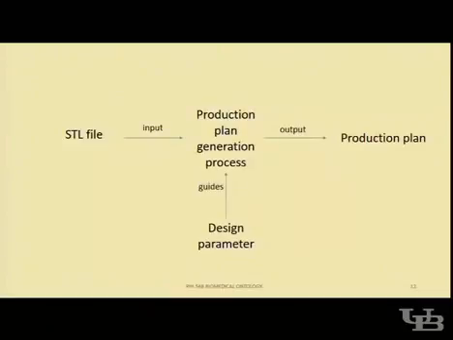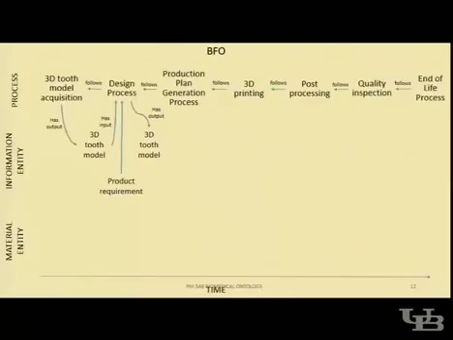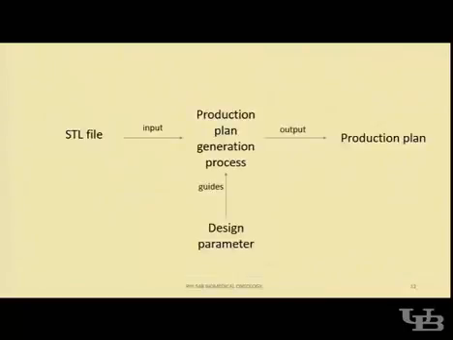And then for the production plan, the next process after the design process, they will move to the production plan generation process, where the STL file that is the output of the design process will become the input. And this production plan generation process will need these design parameters to assist the process.